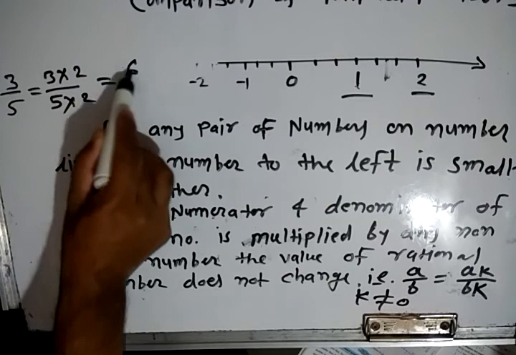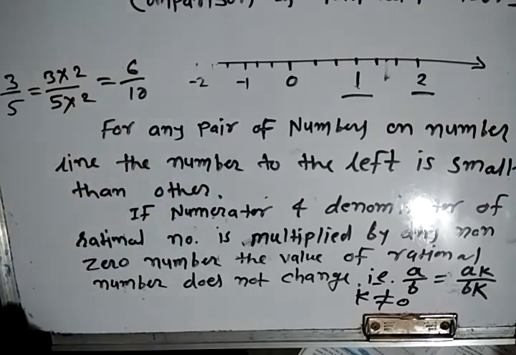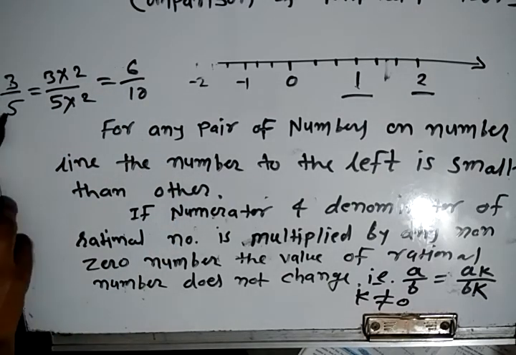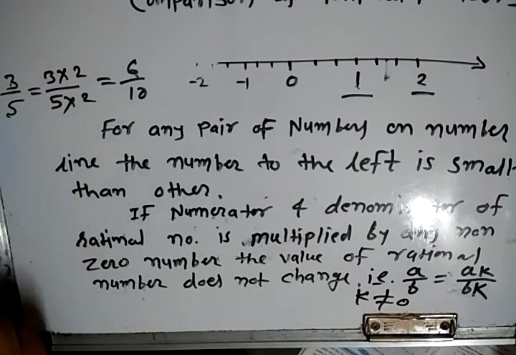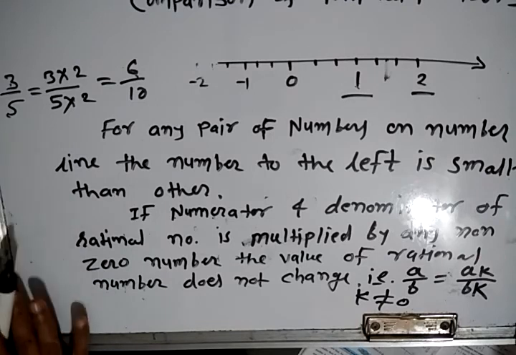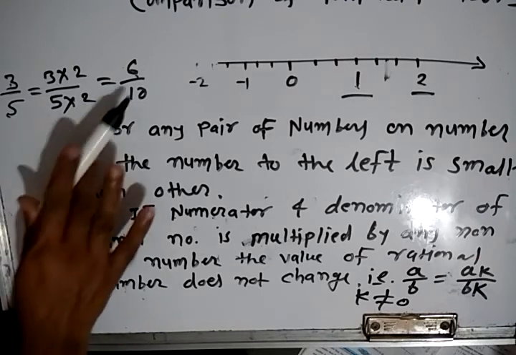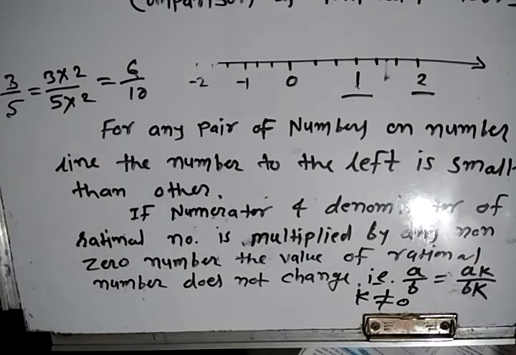We get 6 upon 10. It means 3 upon 5 and 6 upon 10 are equal. That is, the original value does not change. After that, there are some rules to compare the rational numbers.